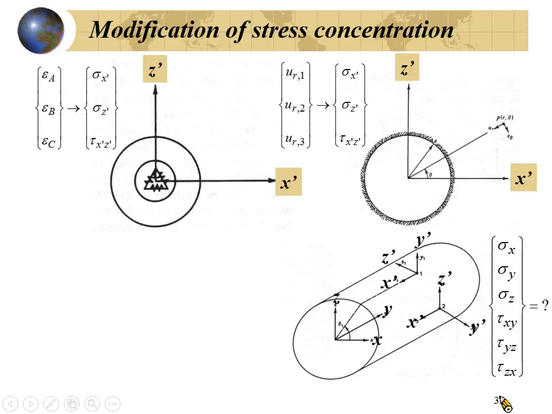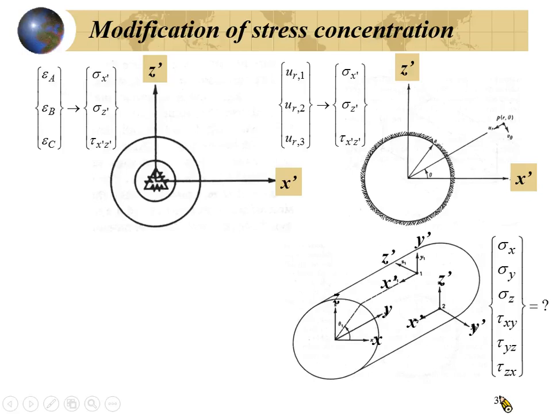You already learned the directional cosine. If you have two coordinate systems, then you can obtain the directional cosine. Do you still remember? This dot this, this dot this, this dot this, and so on. So you will have directional cosines for 9 components.